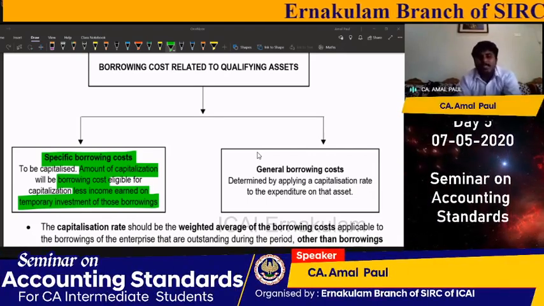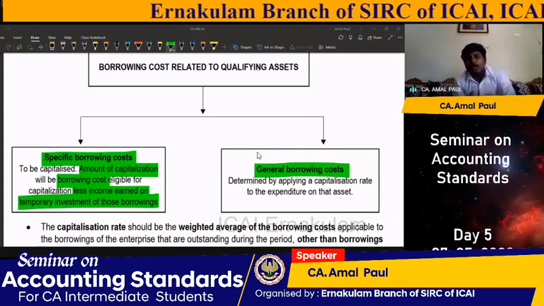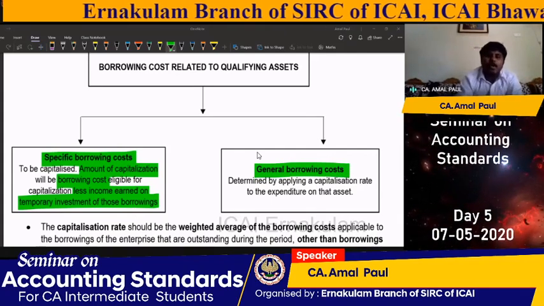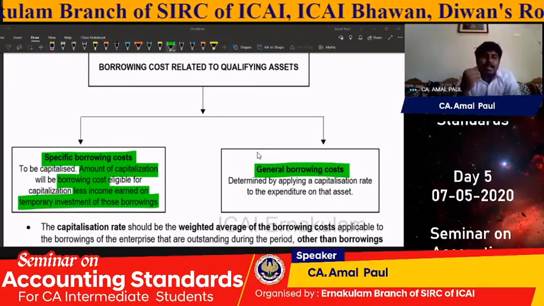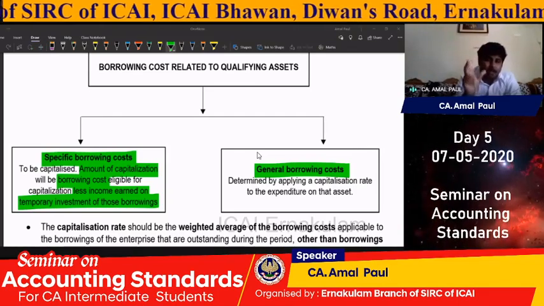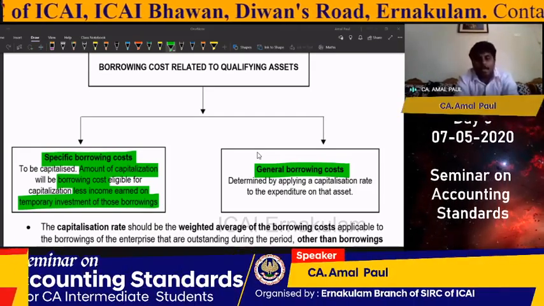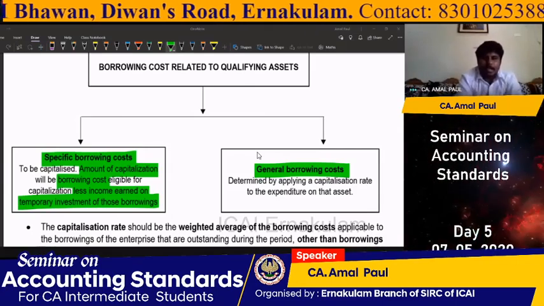When it comes to your general borrowing, whether the borrowing cost related to general borrowing can be capitalized. We had learned the core principle that the borrowing cost incurred directly in relation to acquisition, construction or production of a qualifying asset will get capitalized.